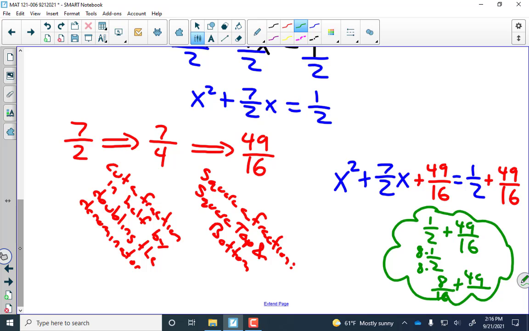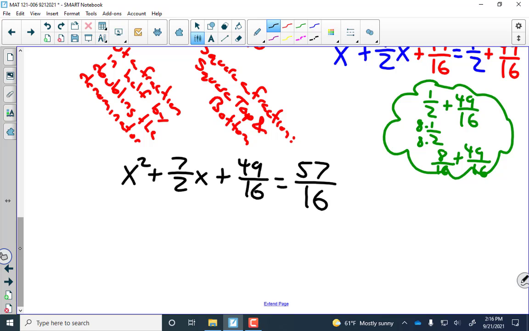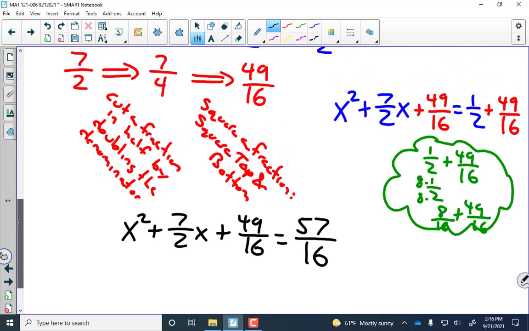If I add that to 49/16, that's going to be 57/16. Does that sound okay to everyone? All right, so what do I have? I have x squared plus 7/2 x plus 49/16 equals 57/16. This looks like it's getting worse before it gets better. But I'm going to press on.